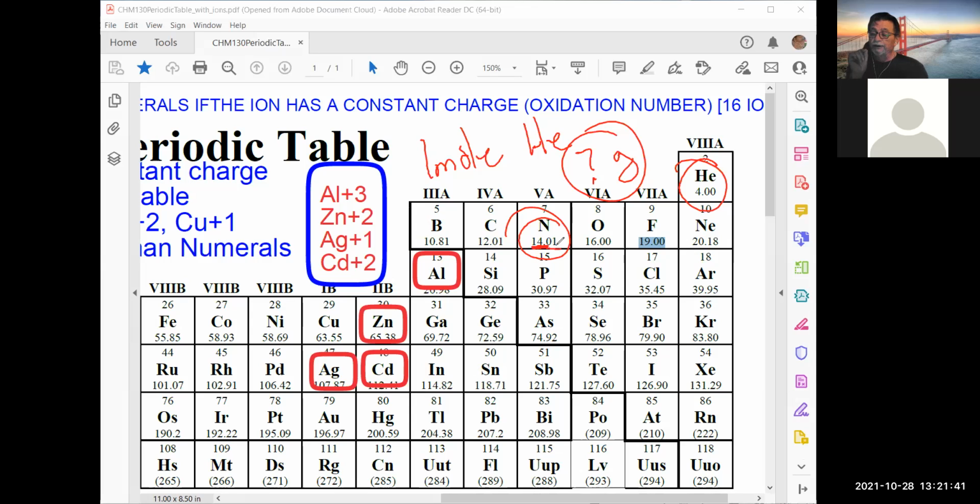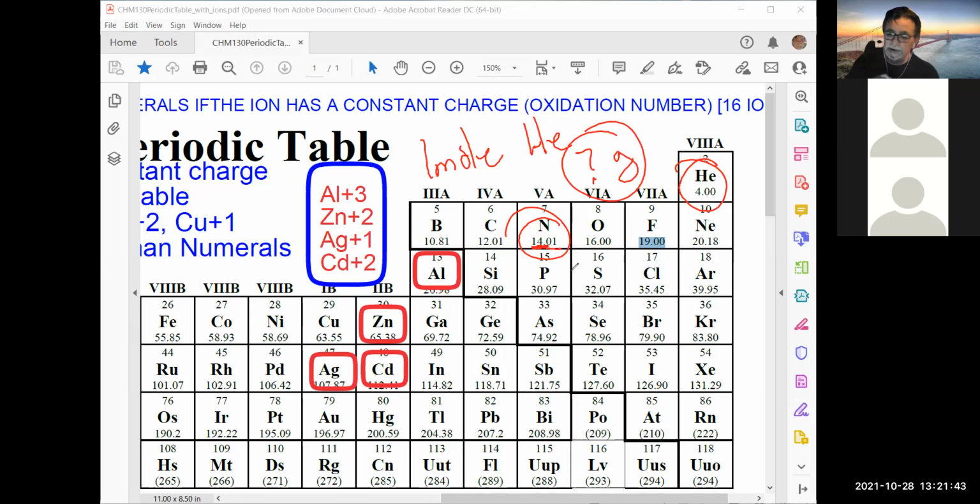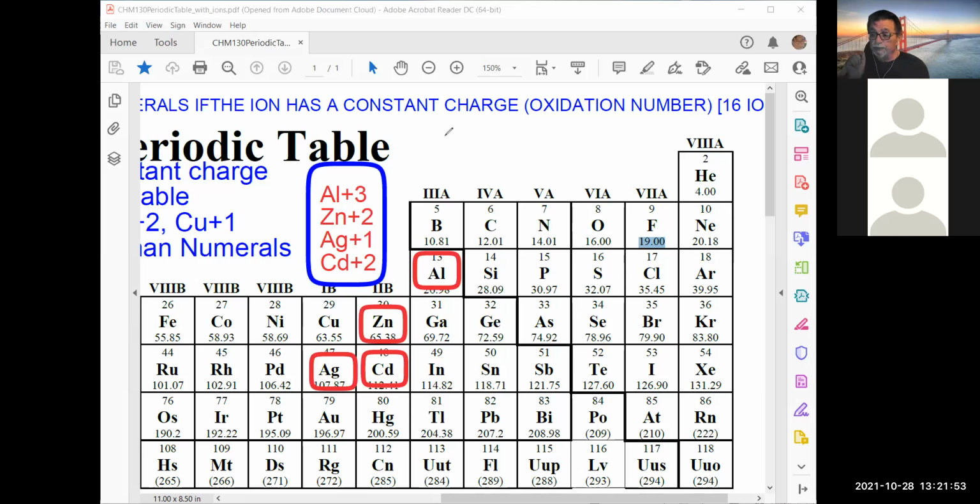Where's that number 14 right there? You got it, 14.0. Now, if I would have said nitrogen gas, what does that tell you? The term nitrogen gas makes it diatomic, right? So how many grams would 1 mole of nitrogen gas weigh?